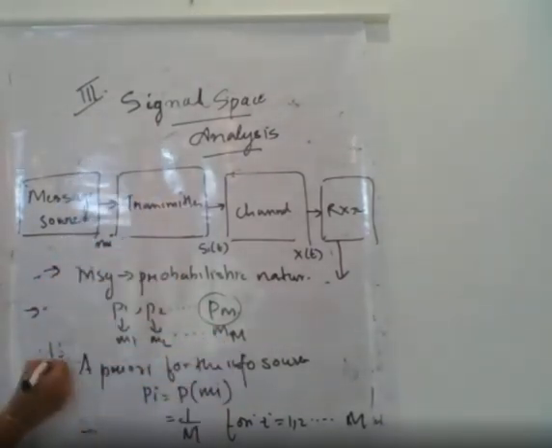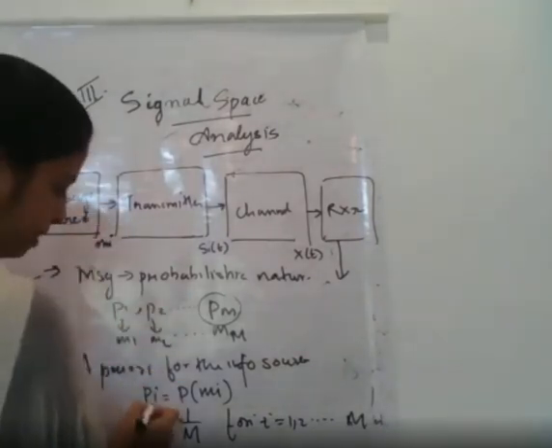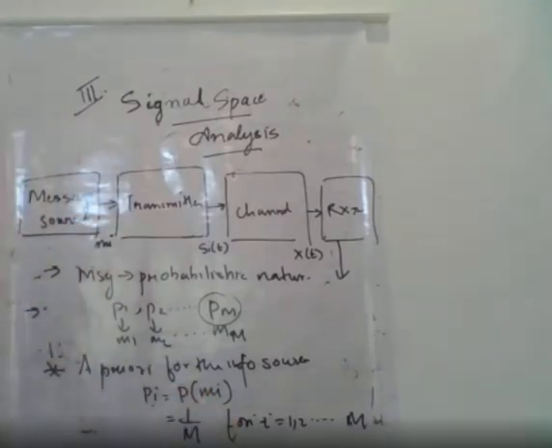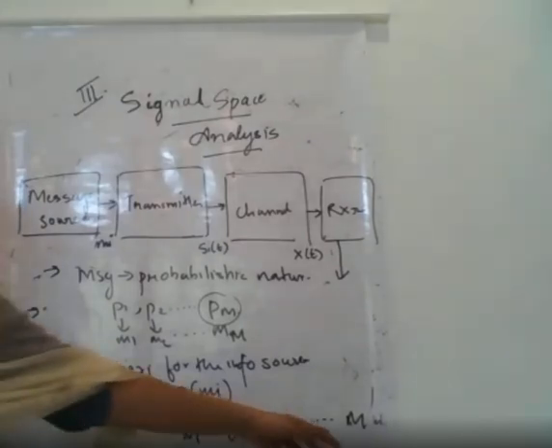So the a priori probability for the information source, that is for the message source, is given by Pi, and Pi is nothing but P of Mi, which is equal to 1 by M for i equal to 1, 2, 3, etc. to M.